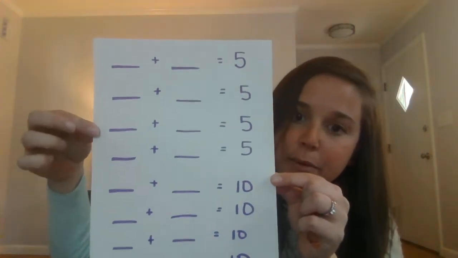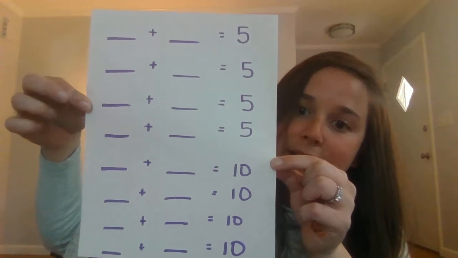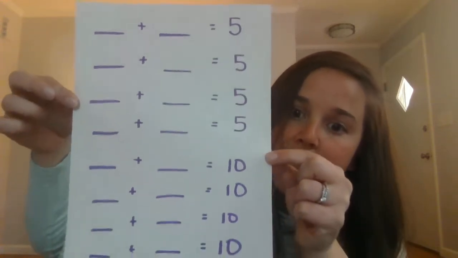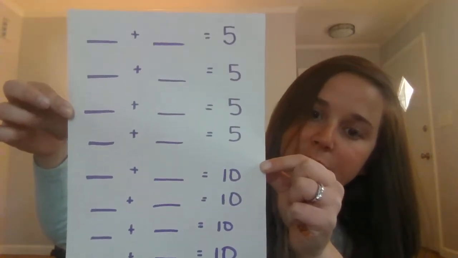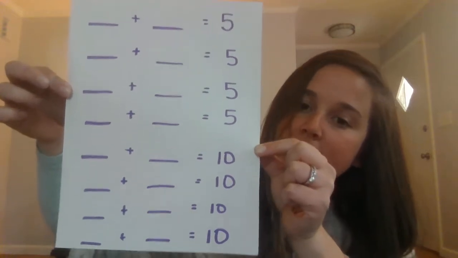I didn't have a printer here, so I simply made it to look like this. There are 4 problems to equal 5 and 4 problems to equal 10. So if you haven't put this together yet, you can pause this now and create a quick sheet to look like this before we get started.